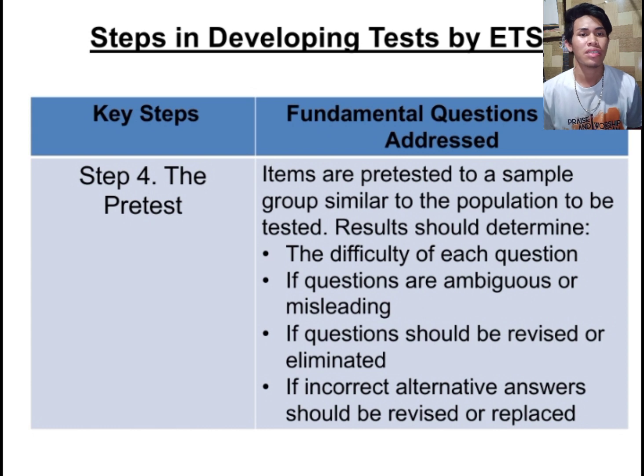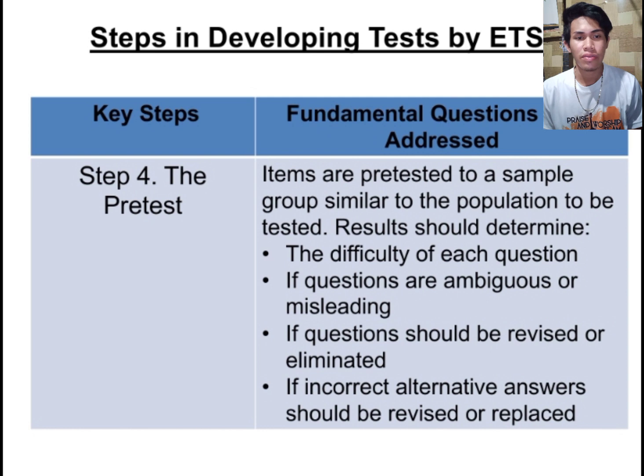The pretest helps in determining the difficulty levels of each question. This information is valuable for ensuring that the test adequately assesses the knowledge and skills of the test takers. If a question is found to be too easy or too difficult during the pretest, it can be adjusted to better align with the intended difficulty level.